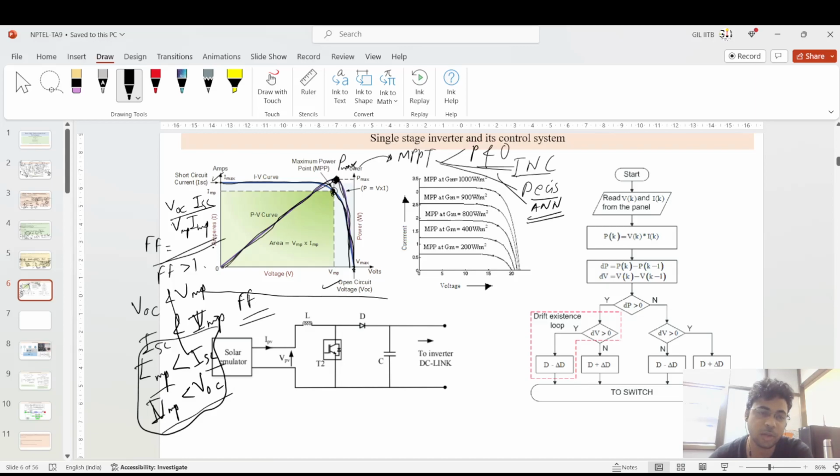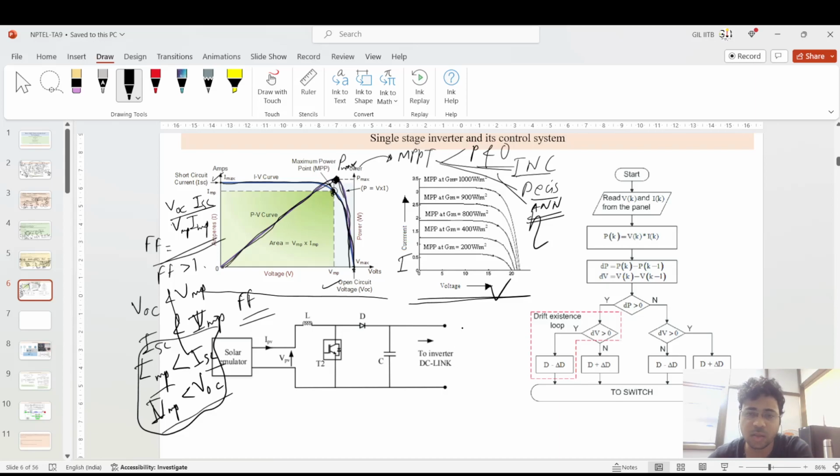So IMP is always less than ISC and VMP less than VOC, and the fill factor is ideally 1, but it is always less than or nearly equal to that, not exactly equal to it.